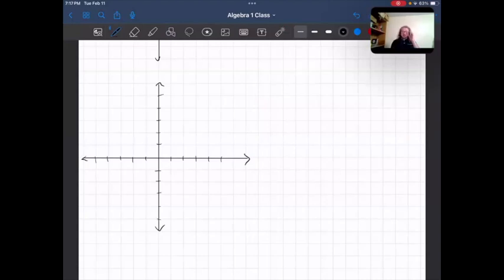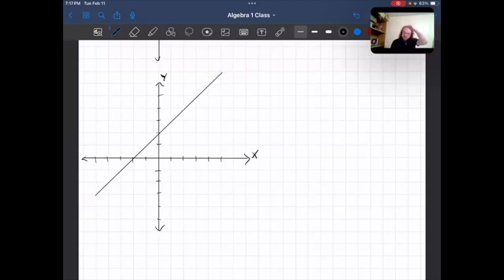Okay, so I've got my x-axis, I've got my y-axis. Now I'm just going to draw a line on this graph. Let's draw it somewhere around here. I'm going to adjust it just a little bit.